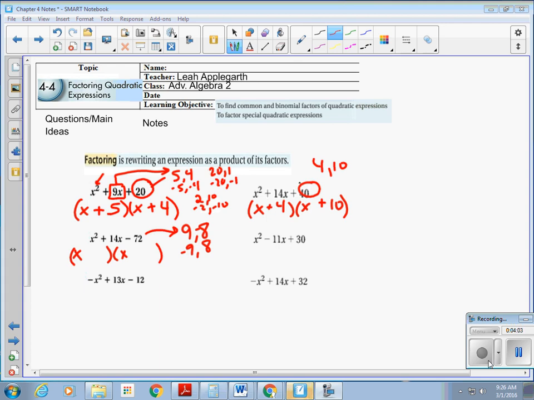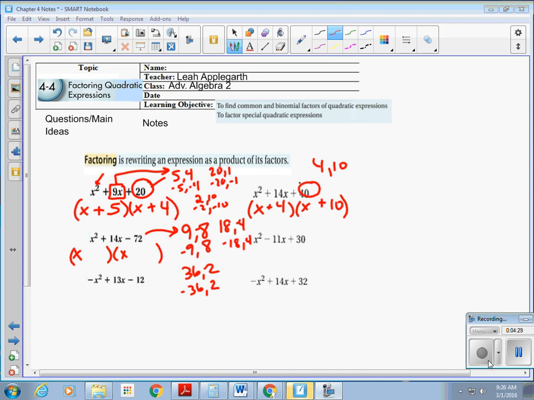So then we can go 36 and 2, or -36. 18 and 4. So we could do either one, 18 and 4 or -18 and +4. So you start looking at your possibilities.